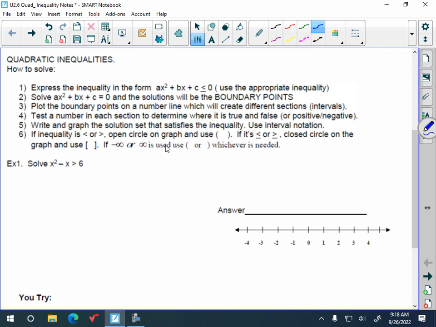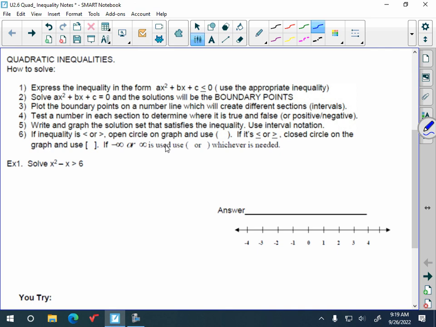The solutions are going to be the numbers on the number line that we're going to use as boundary points. Then we're going to use test areas to see where it's true and where it's false for the inequality. Where it's true, we shade that interval, and then we can give our answer in interval notation.